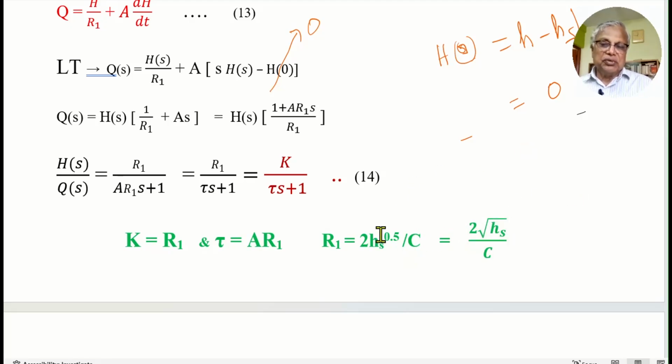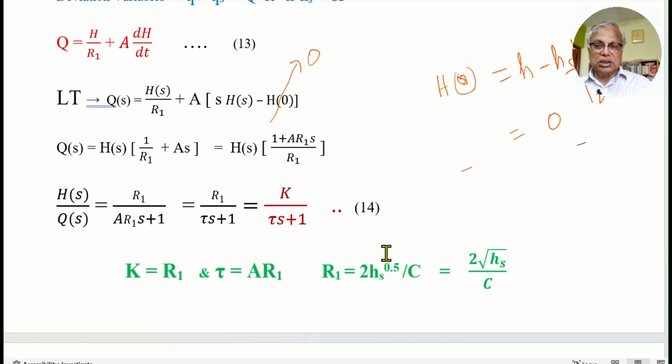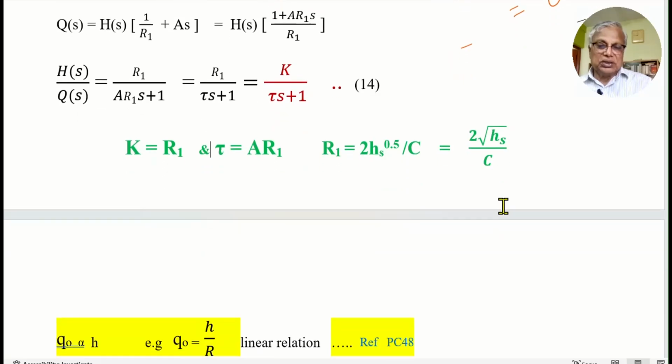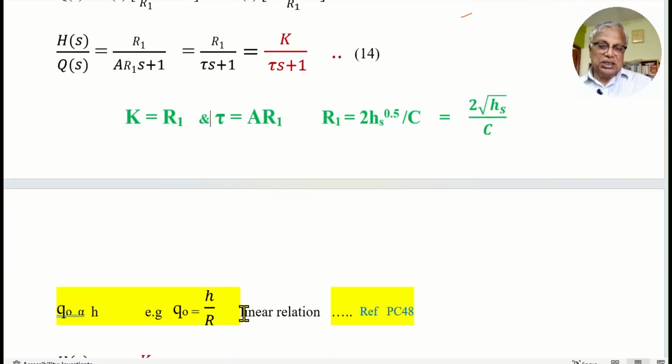More specifically, if you compare these values with the transfer function of a tank with the linear relation which you have discussed earlier, what do you find? For the case of linear relation, a tank where the flow head relationship is linear, like Q naught equal to h by R. The reference is lecture PC48.